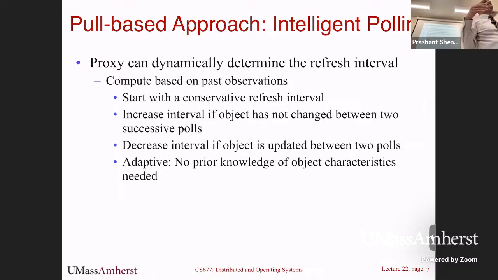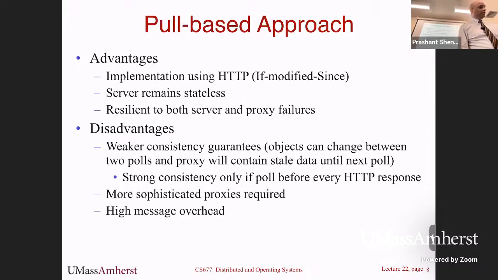So you don't send either too frequent messages or very infrequent messages. And it's basically going to adapt based on what the page actually is seeing in terms of update rates. Okay. Any questions on this? Okay. So that's our adaptive poll-based approach.